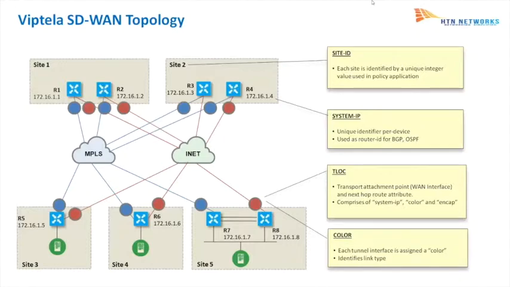Like R7 has connectivity to MPLS only. It doesn't have internet connectivity. And R8 has only internet connectivity. So the advantage of this scenario is, for example, let's say if the MPLS is down, right, you can extend the TLOC to the R8 router, and you can still get traffic go out from that branch office through the internet connection from the red TLOC.